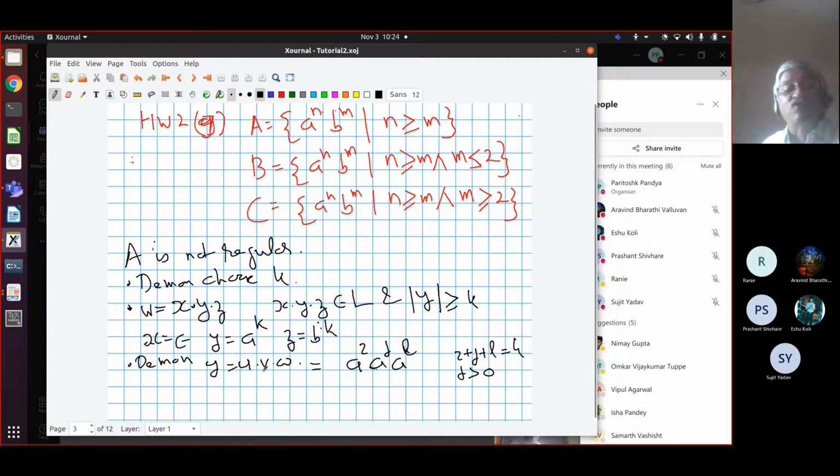Because this middle part has to be non-empty. This is the condition of the pumping lemma. So the daemon is required to give you some arbitrary I, J, L which satisfies this condition. Agreed?